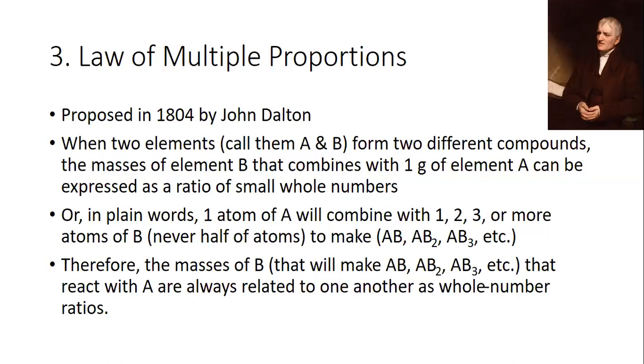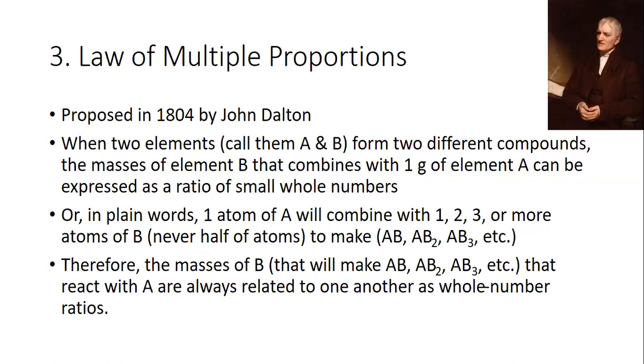I know, that's like super confusing, right? So what does that actually mean? So you have one atom of A. It will always combine with 1 or 2 or 3 or more atoms in B. Basically, in a nutshell, he's saying that you can never have half an atom in an element.